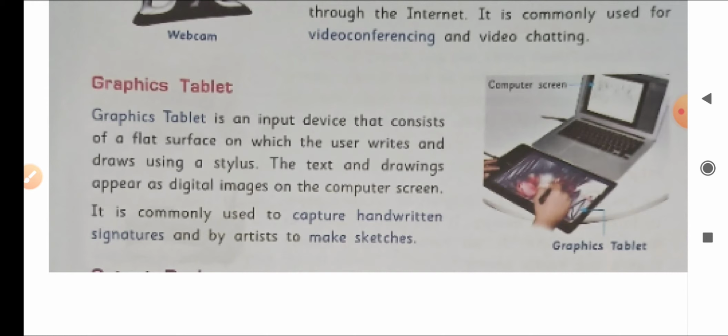This is a type of input device. As we use our cell phone, in the same way this graphic tablet works. Most of the time we use a graphic tablet to capture handwritten signatures, and it is used by artists to make sketches.